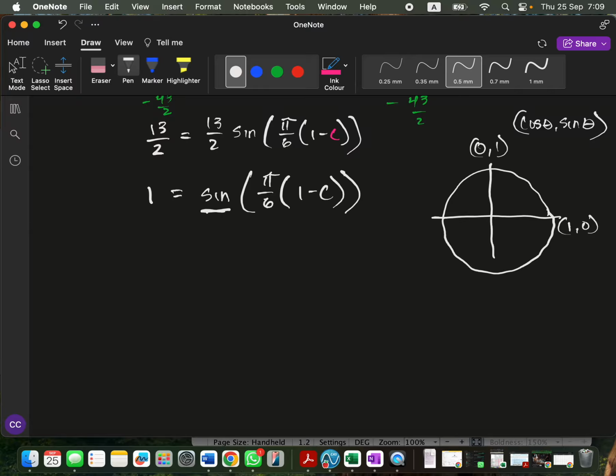Where is sine going to be equal to 1? Well, hopefully you recognize it's up here, and that corresponds to pi over 2. So the sine of pi over 2, because these two are equivalent statements, right? 1 is the same as the sine of pi over 2.